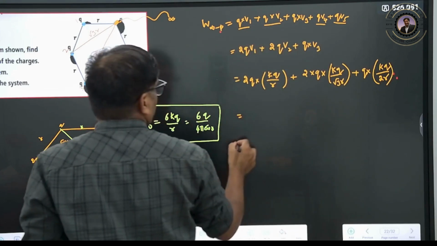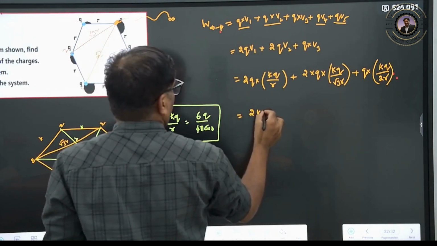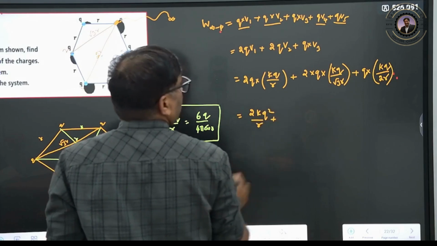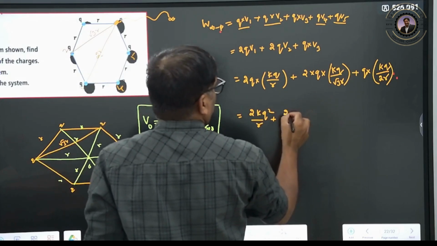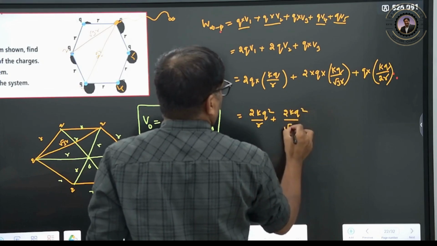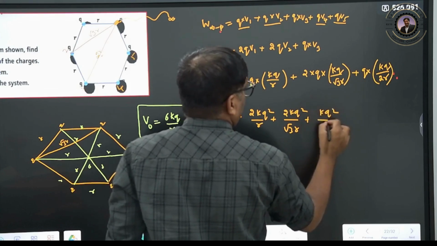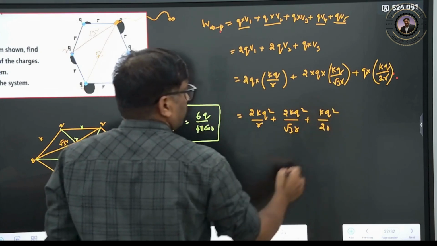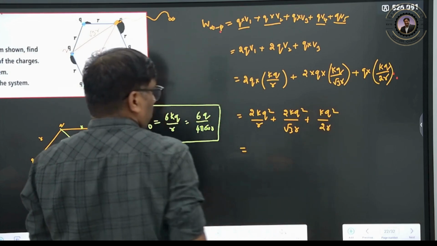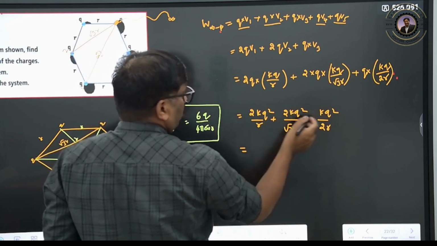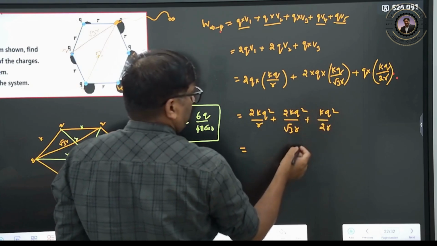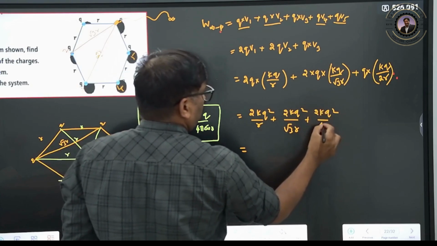So what you will get now: 2kq square by r plus 2kq square by root 3 into r plus kq square by 2r. Clear? So how much will it be now? Here I can rewrite it as 2, therefore you can write 4.